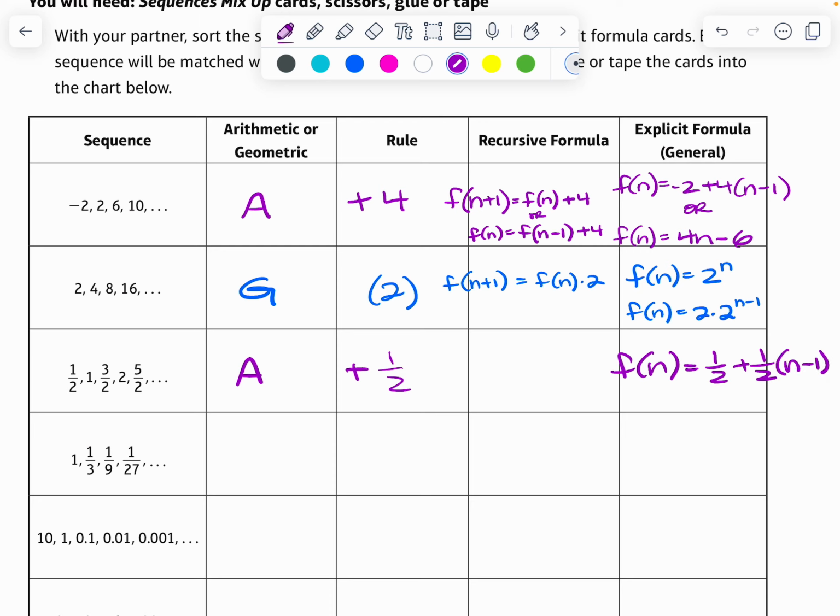If you simplified that, you're going to get f of n equals 1/2 n. All right, over here, to get to the next term, I'm going to start with the current term I have and add on 1/2. Hopefully you're getting the gist. This one's multiplied by 1/3. Geometric.